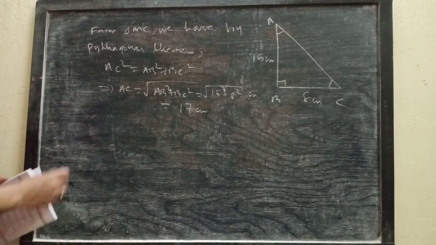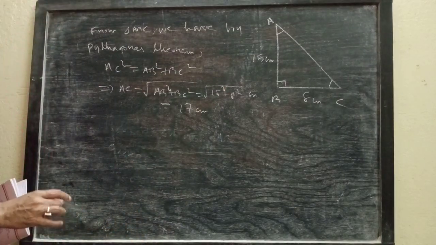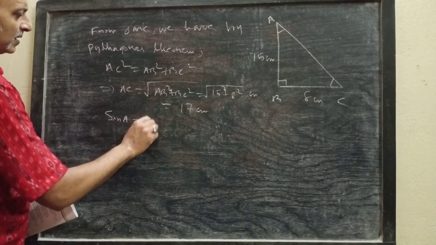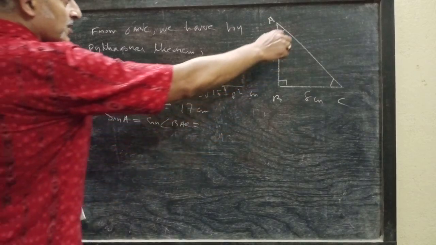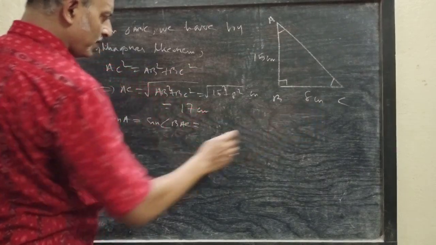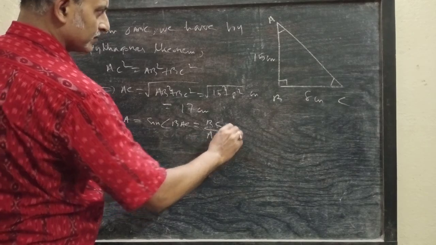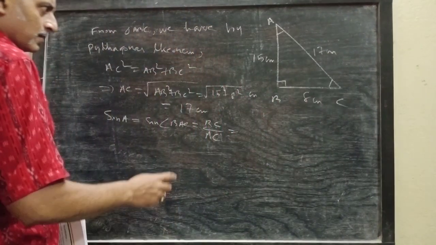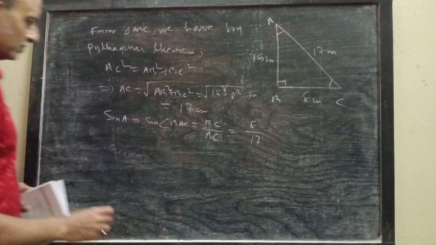After getting this, now let us first find ratios of angle A. So first write sin A. Sin A means sin angle BAC. With respect to this angle, perpendicular will be BC. So perpendicular by hypotenuse, that is AC. Write 17 centimeter here. So this will be 8 by 17.